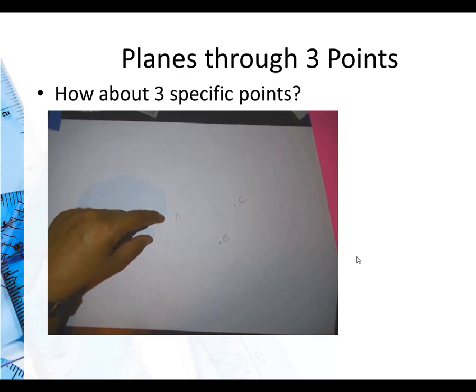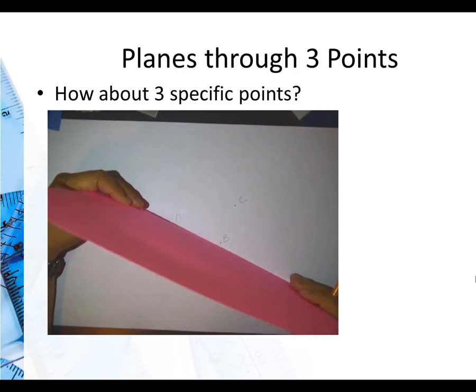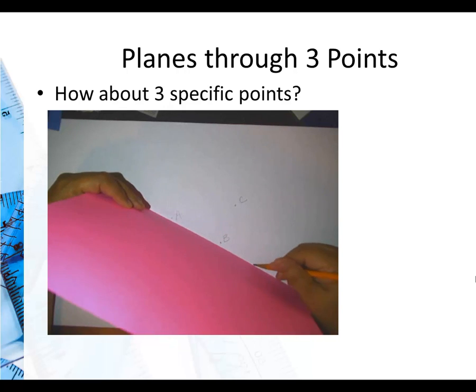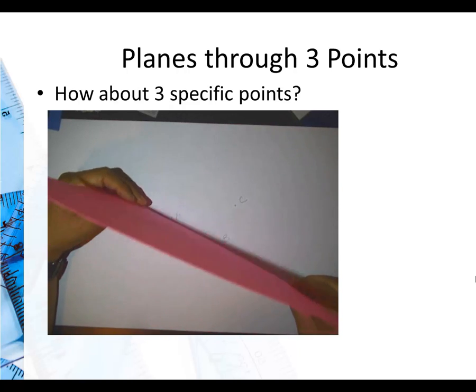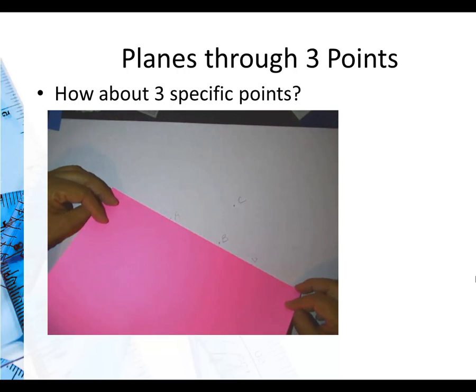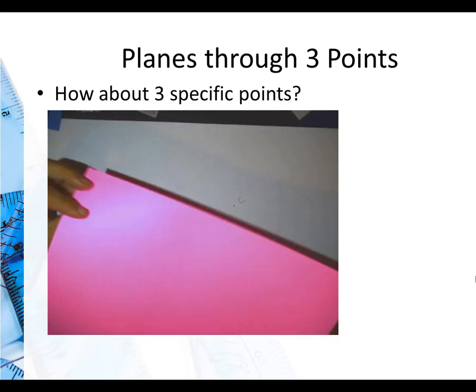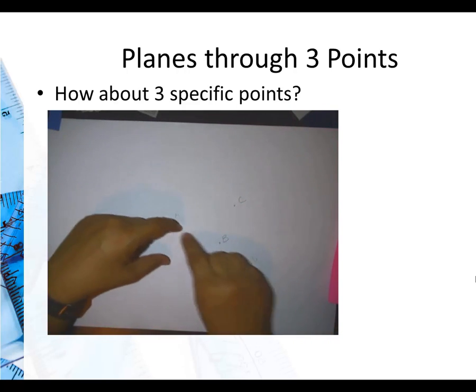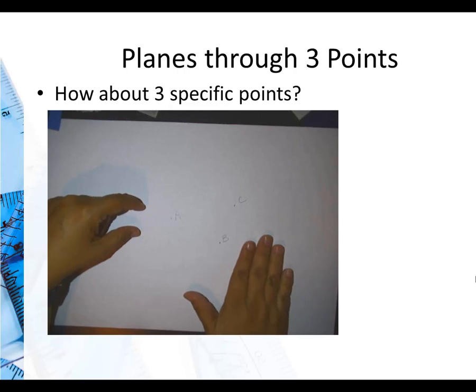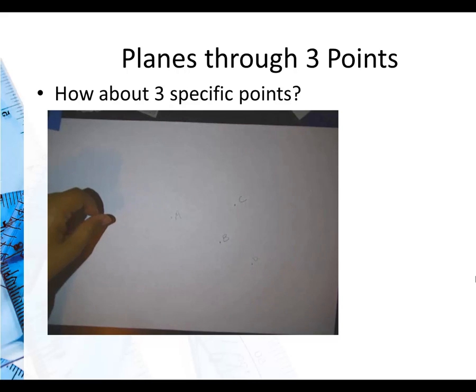Now the interesting thing is, let's say I added a fourth point D. If my point's in line with my other 2 points, meaning it's collinear, then I'm back to the 2-point situation where I can have an infinite number of planes going through the 2 points. But if my points are not collinear, where they don't share a line, there's only one plane that goes through all 3 points.